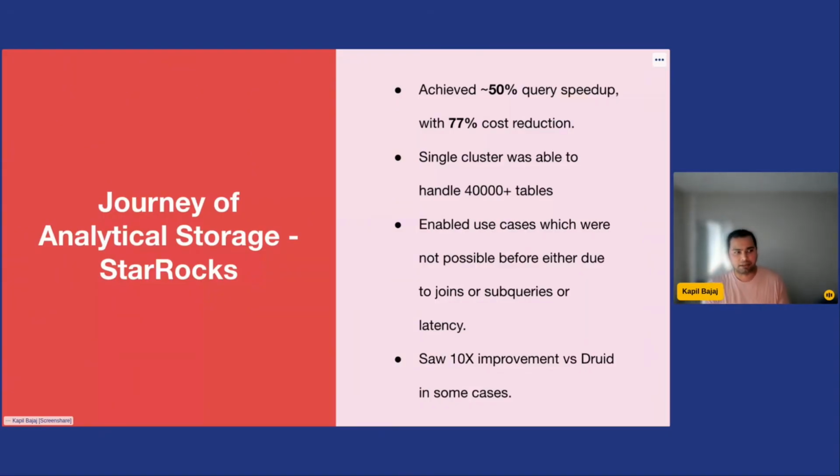In fact, I would say after that, there was a lot more interest, and they were happy that they could try ad hoc queries and see whether this is what they want to try on as a product or not. So if they have an idea, they can clearly try it as an ad hoc query and then see whether they want to move forward. And in some cases, we did see a big improvement in latency versus Druid for us. So that was a big positive point for us.